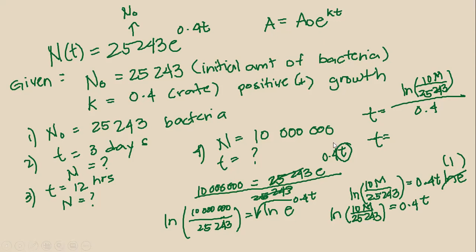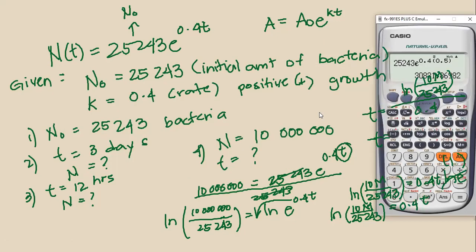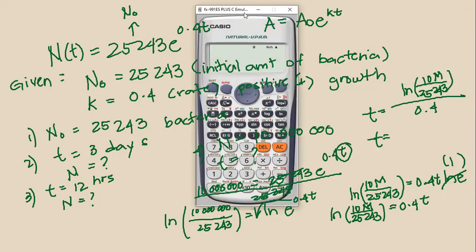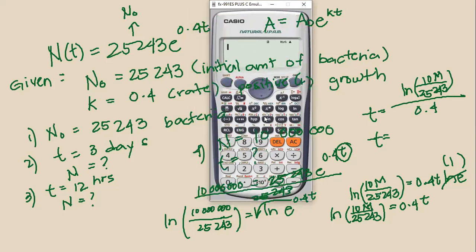Substitute lang natin or input lang natin sa calculator. So, we have the natural logarithm of 10 million over 25,243 and then divided by 0.4.